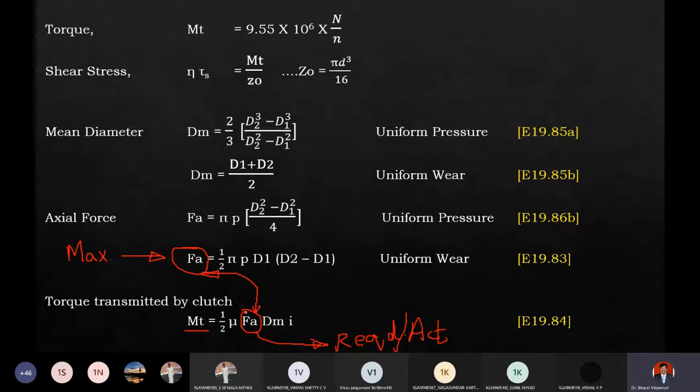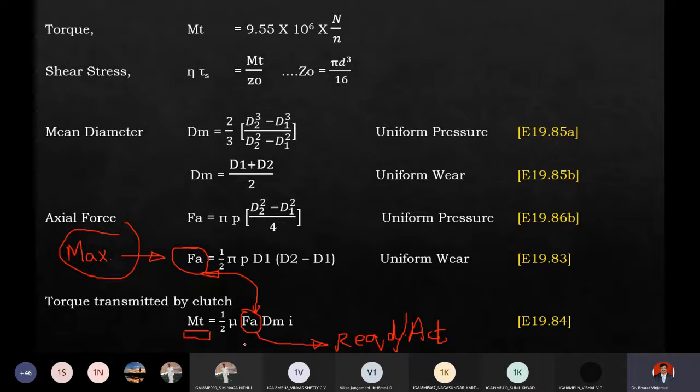But physically, the maximum is what I can apply. Let me give you numbers. I can apply a force up to 1000 newtons, but to transmit this torque, if I apply 800 newtons it will be fine. So the maximum force is up to 1000, and this value will always be more when I calculate FA from here.